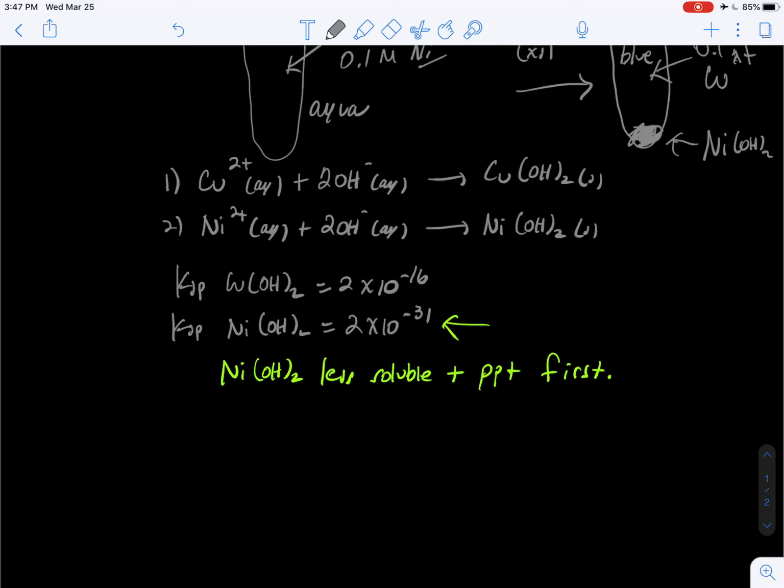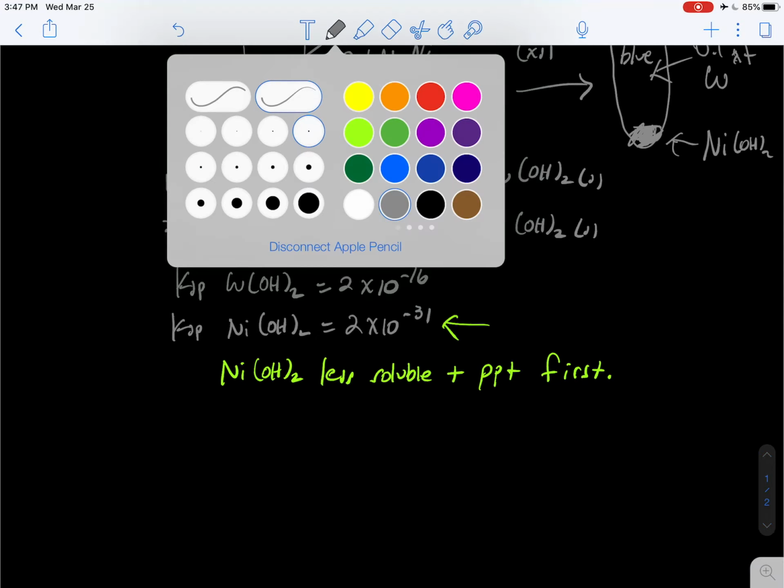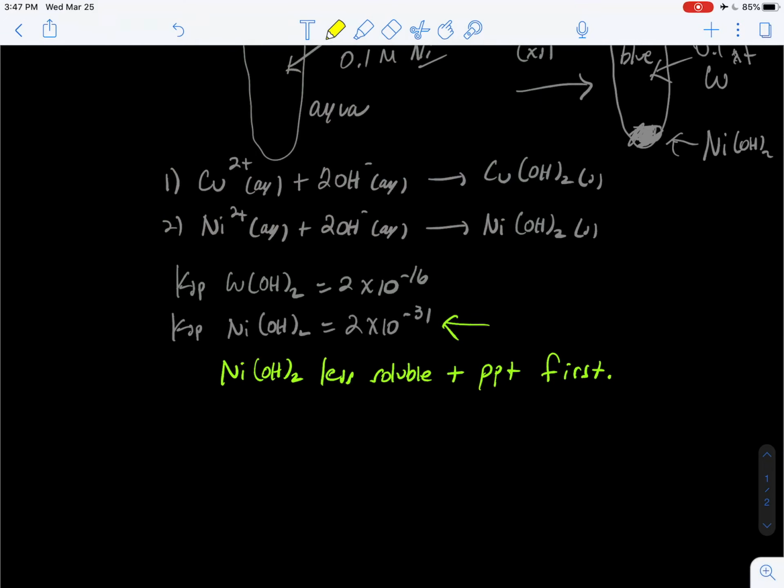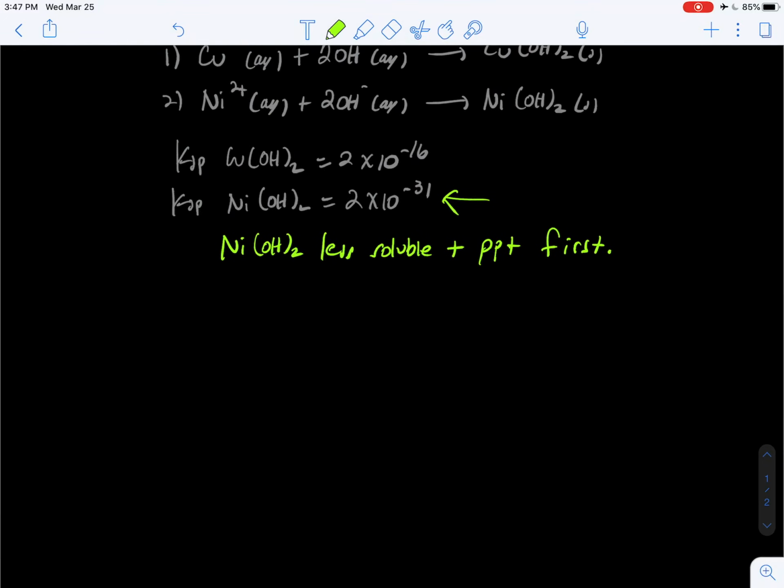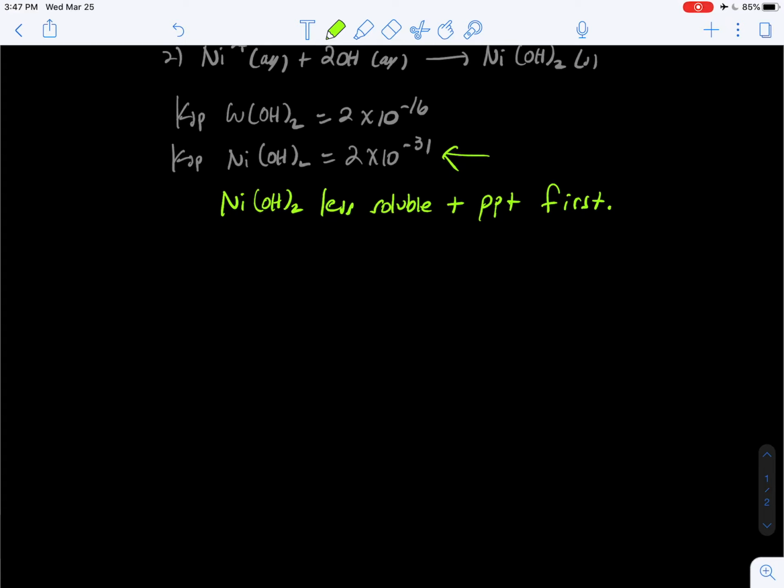Okay? So in the lecture guide here, we have an example. It's more of a question. We have a mixture of 0.1 molar silver nitrate and 0.1 molar iron nitrate.